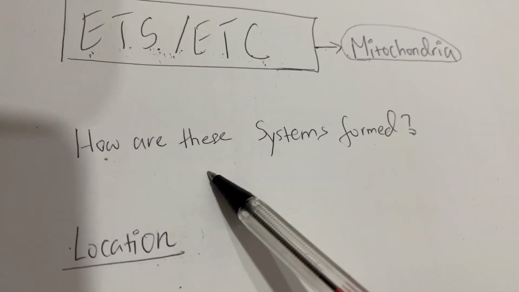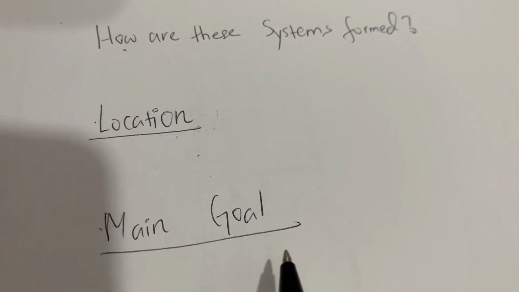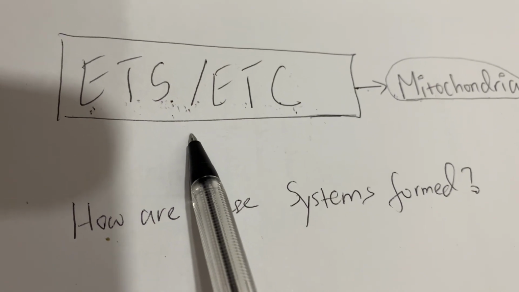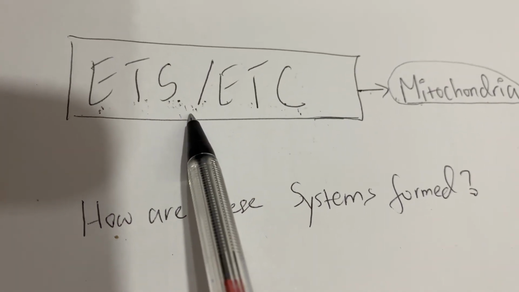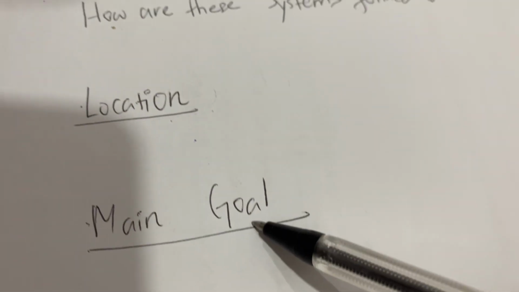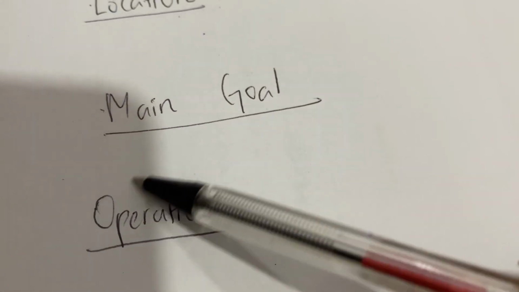And to do that, you have to be familiar with the mitochondria, right? And then get down with the main goal. You have to often ask this question to yourself: why does it have to exist and why does it have to operate, right? And if you can understand the goal, then you can excel at the mechanism.